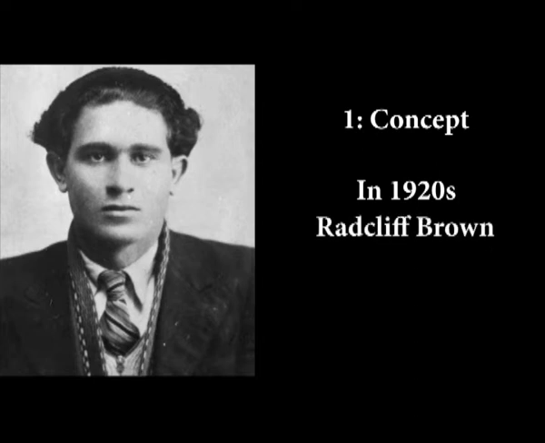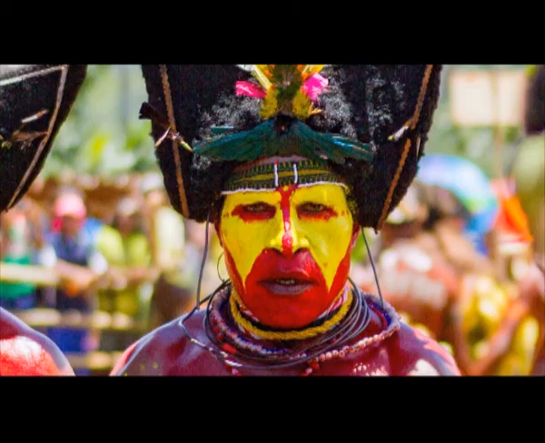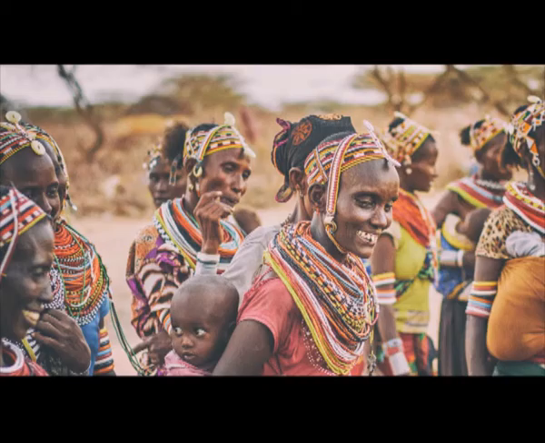Radcliffe Brown, a British anthropologist, studied the primitive tribes in the Andaman Islands, and on the basis of that he concluded that these structures play a very important role in consolidating the whole society.